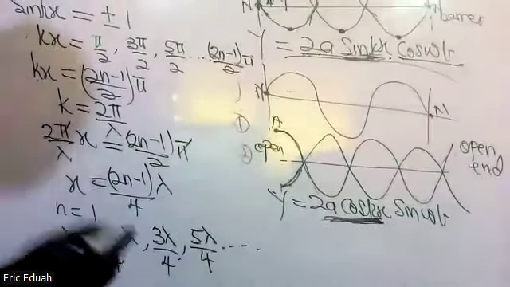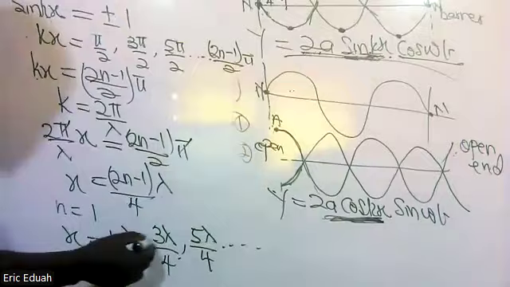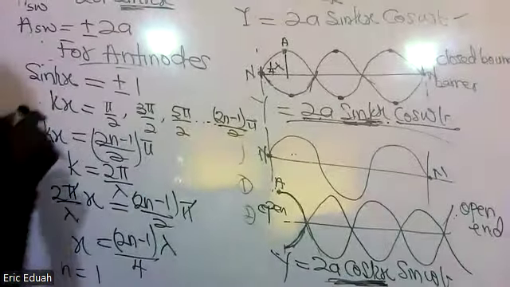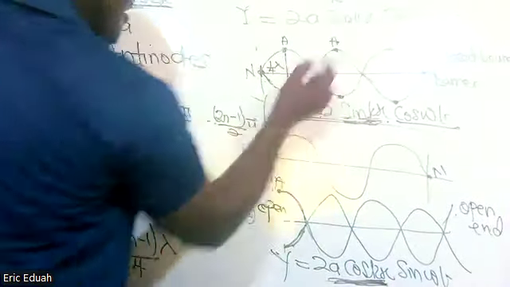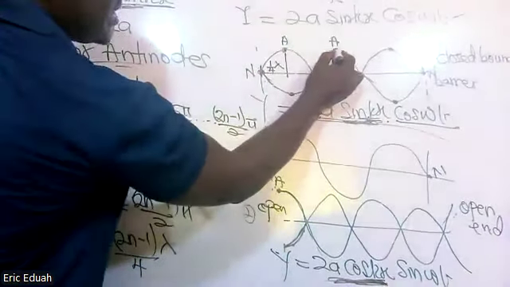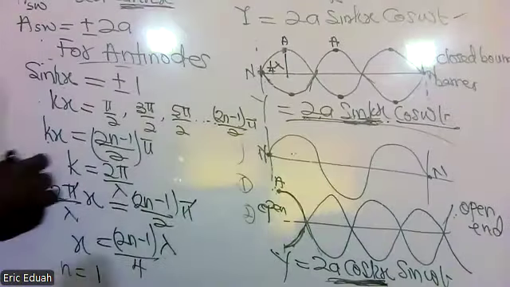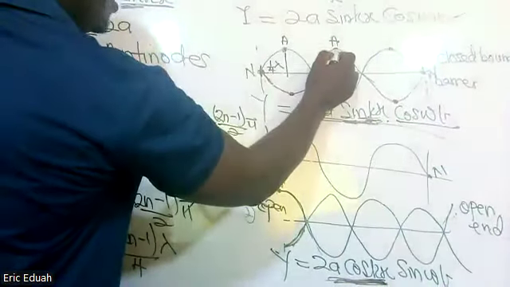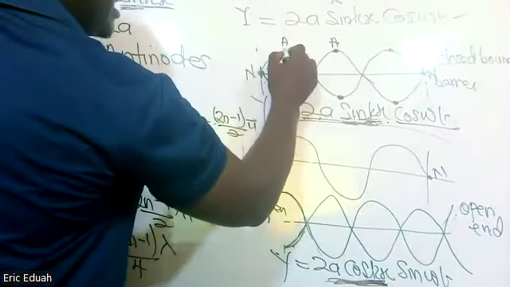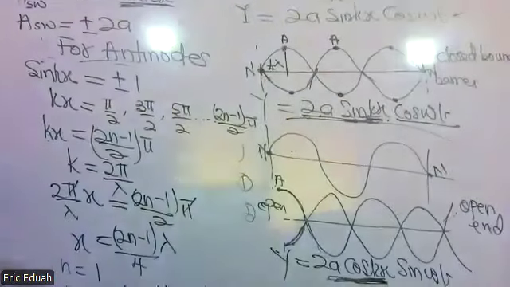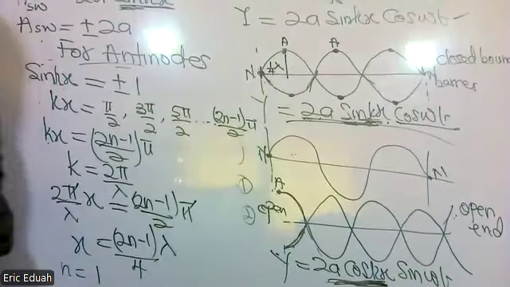What is the second antinode? The second antinode will be here. From antinode to antinode, what is the distance? Half lambda.